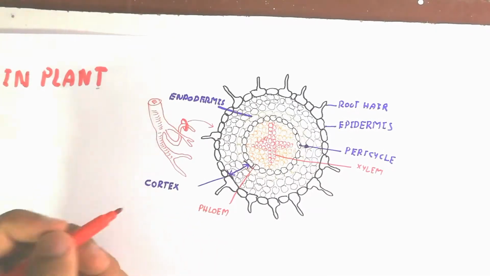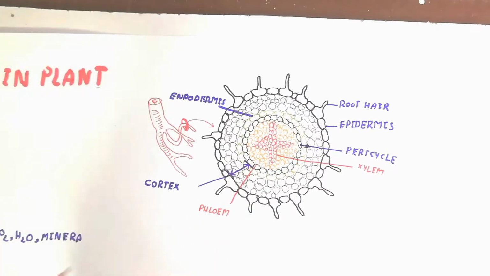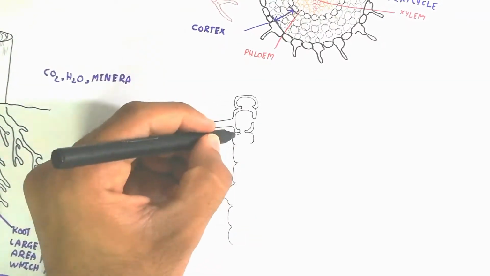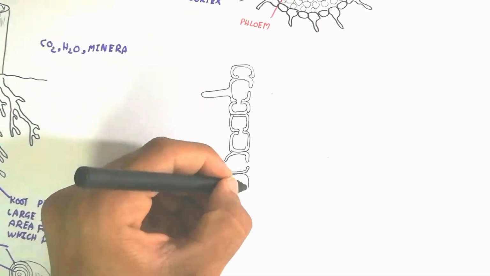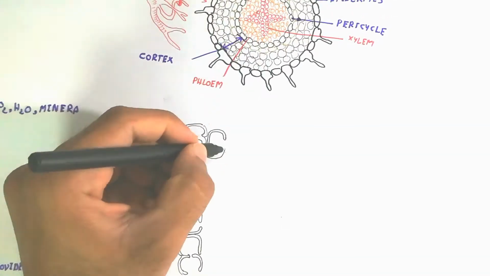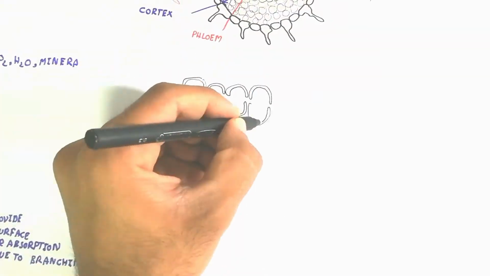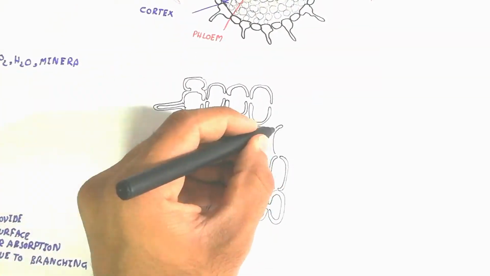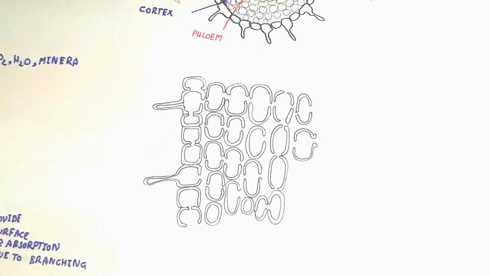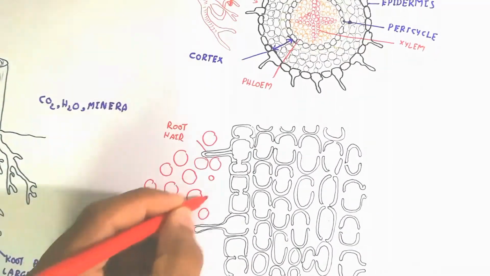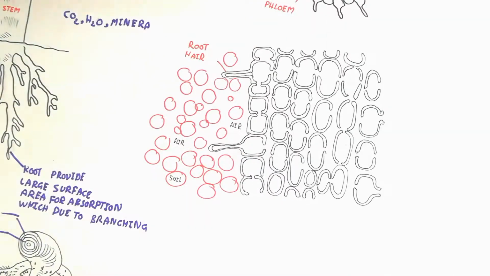The primary xylem is crushed and secondary xylem is produced and goes inside toward the pith, known as heartwood, while the phloem moves upward toward the epidermis.